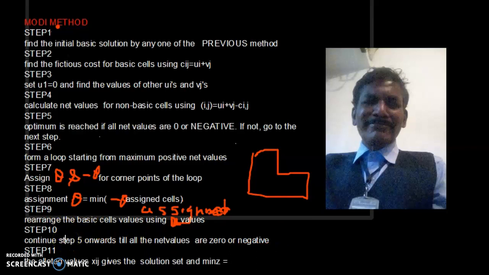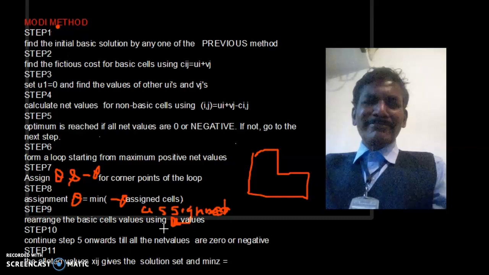After the rearrangement of the assigned values, we have to calculate the total transportation cost. Definitely we will see that the transportation cost would be equal to the previous case or less than that.